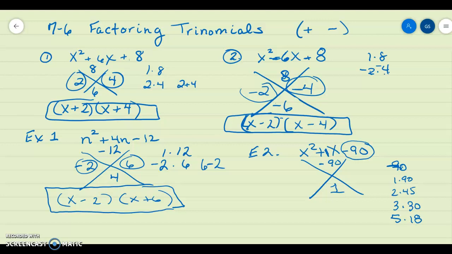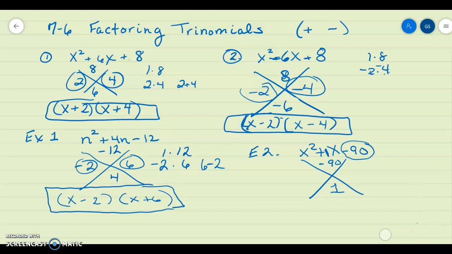Is that going to get you a 1? No. 6 times 15. And I've just run out of room, so I'm going to erase these, but none of them work. 6 and 15 would be 21 or 9.